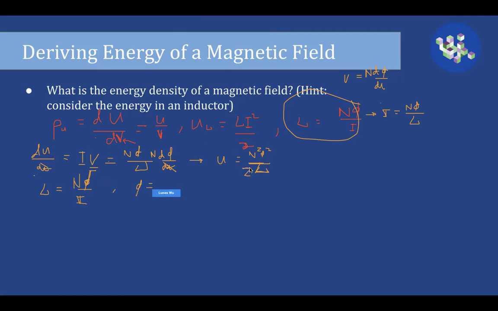So that will be equal to, I believe, mu zero I small n times area, because it's the flux, and then divided by your I. Oh, and also times the big N. So this one cancels.